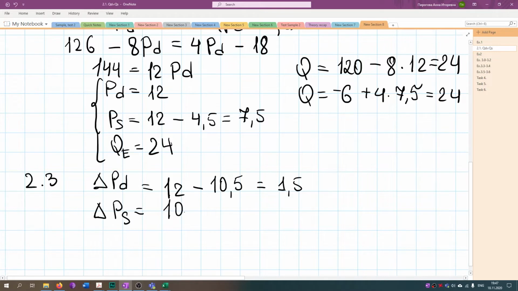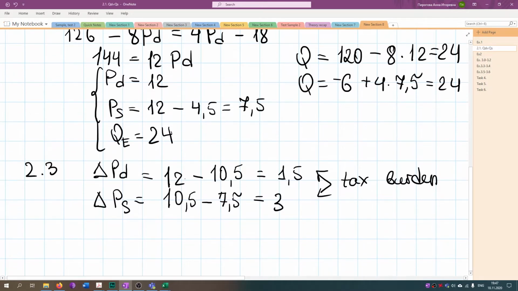And in the second case, we take 10.5 and subtract 7.5 and get 3. And it is the tax burden, so it is divided between the buyer and the seller.